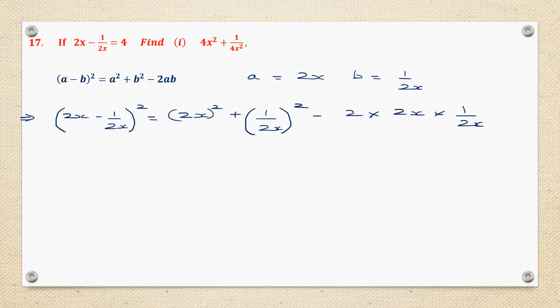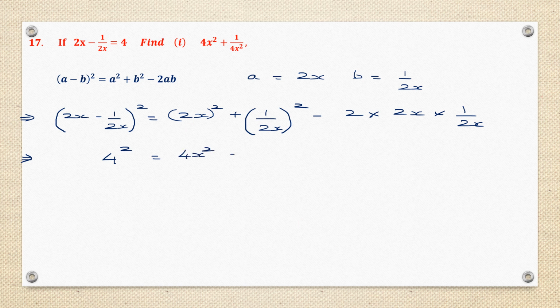So now let's work carefully and substitute wherever we can. Now 2x minus 1 by 2x is already given to us. That is 4. Now here 4 square. So let's write that. So that is 4 square is equal to, now let's work this out, (2x) square. That means 2 square and x square. 2 2's are 4, and then we have x square.